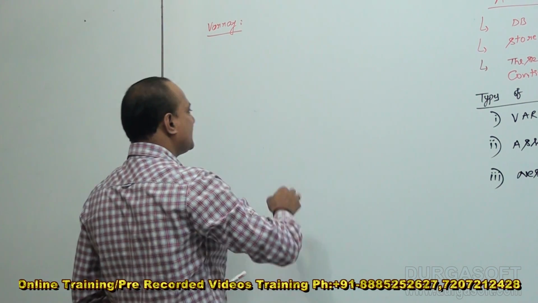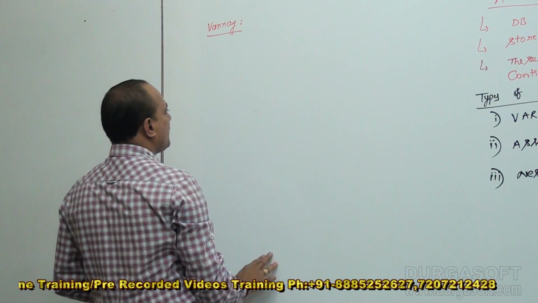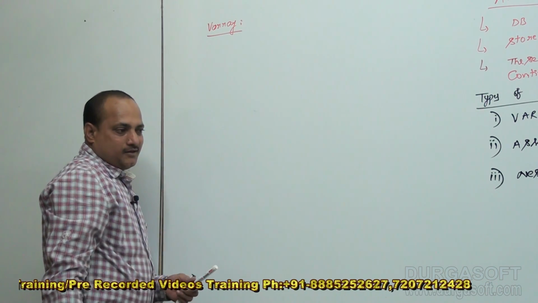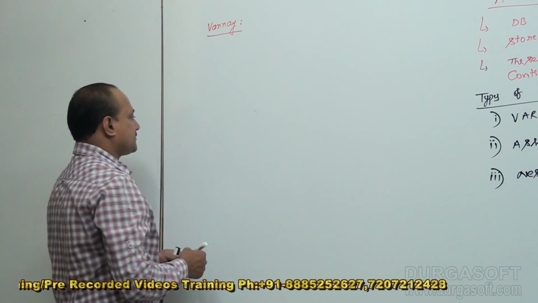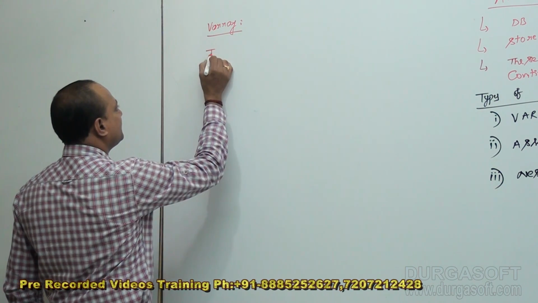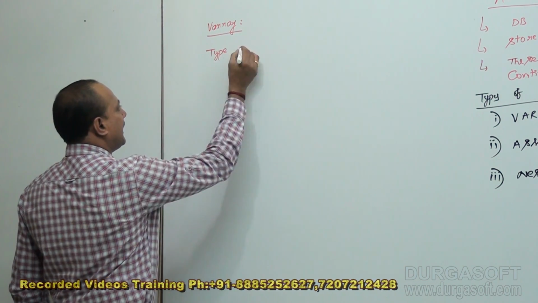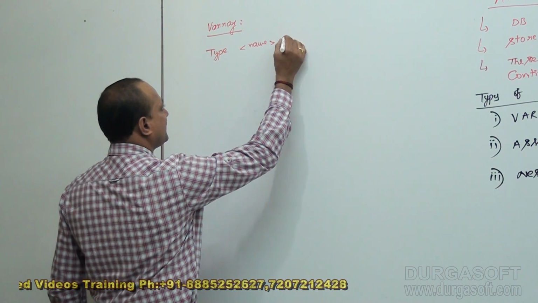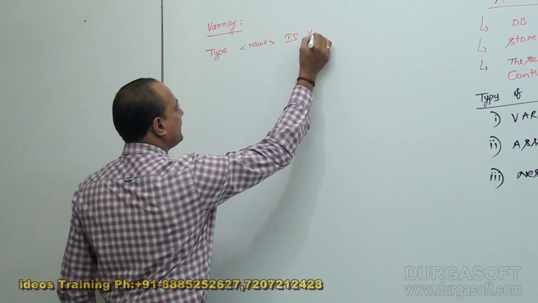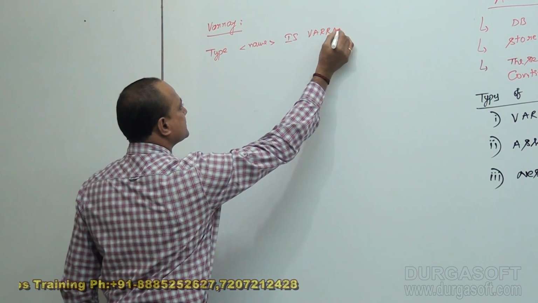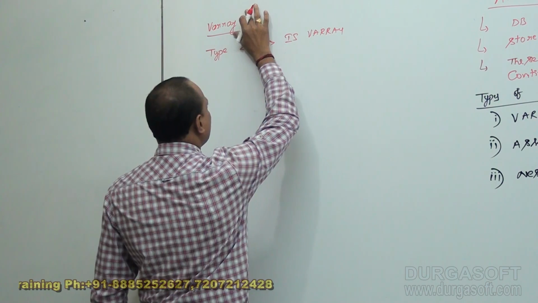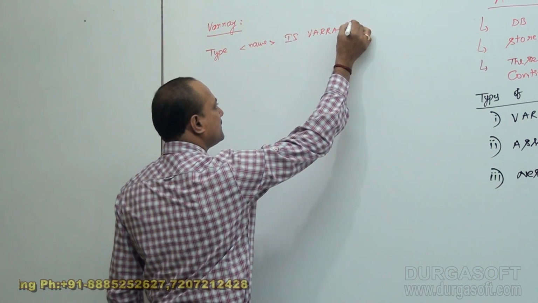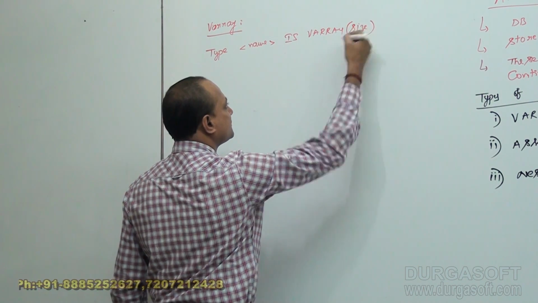Remember this. How can I define variable sized V array structure? By using the keyword type and specify name of the type, and you are defining is V array. In V array case, you must specify array size.